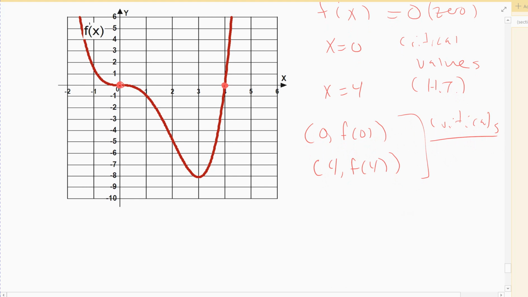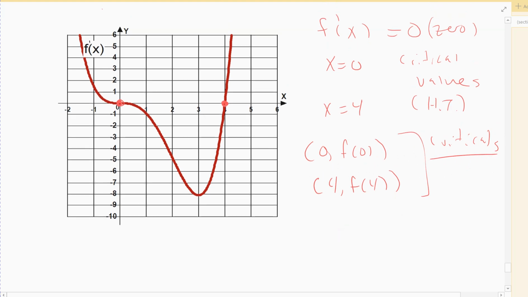Now I figure out where my derivative is positive and where my derivative is negative. And this one, like I said, is easier than the last one because it switches both times. It's positive, so I'm going to highlight the positive in blue. So it's positive here, above the x-axis, and then positive again over here.